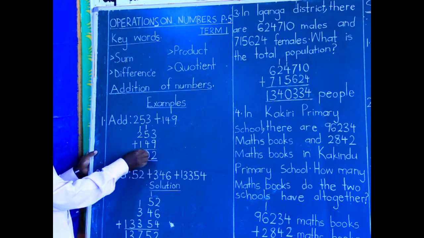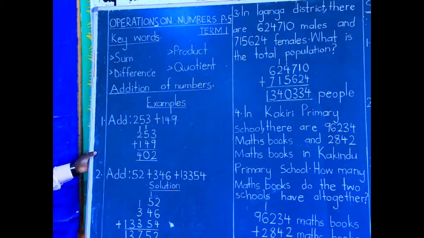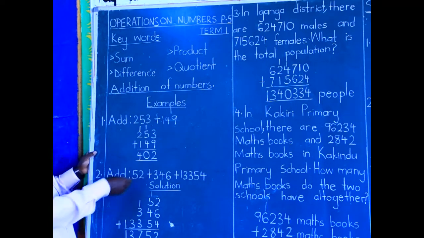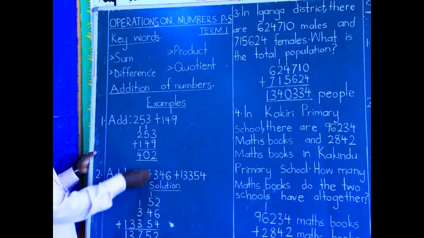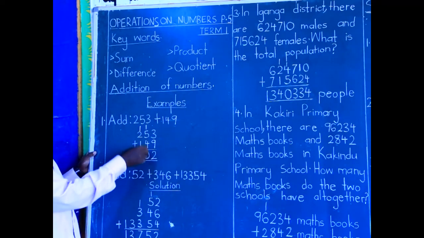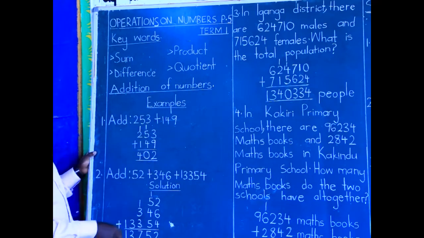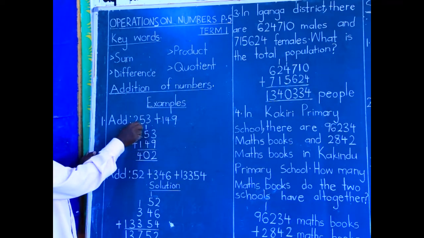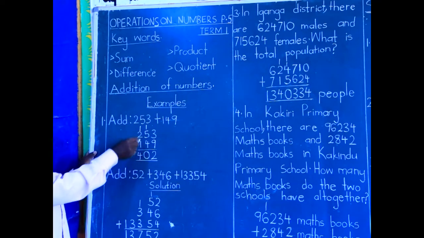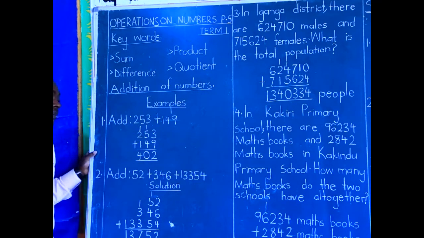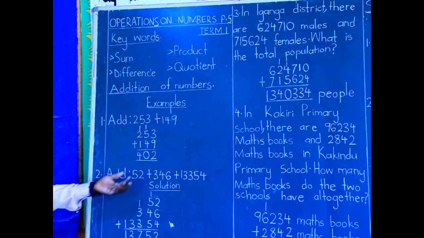The moment you get anything to do with 10 and above, you write the digit under ones, like 10 has got 0 under ones, and regroup the 1 under tens. So write 0 and carry 1 for I've got 10 here, or regroup 1 on the hundreds place value, and now 1 plus 2, you get 3 plus 1, you get 4. So the answer is 402.